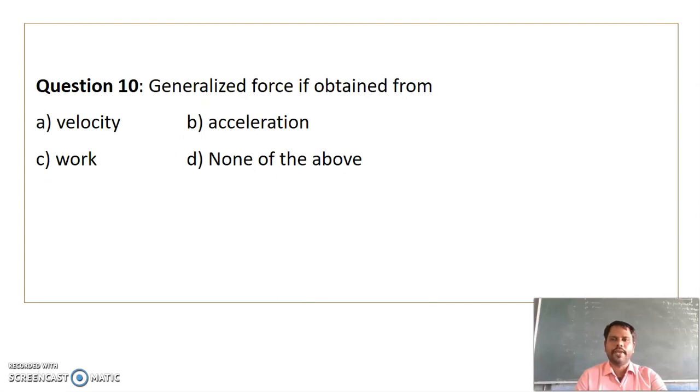Generalized force is obtained, we have seen, by using the work is equal to force into displacement formula. So the answer will be option C. Small correction, it is option C.